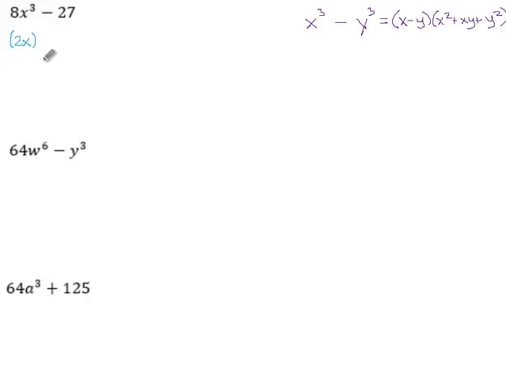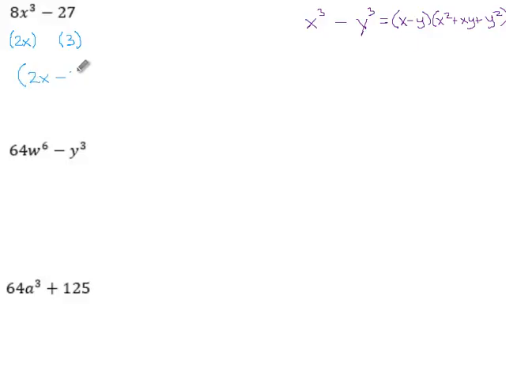Right? 2x times 2x times 2x would make 8x to the third. And for our second term, 3 times 3 times 3 would make 27. So when the expression says x and y are a and b, these are what they're talking about, the root of the first term and the root of the second term, if you will. And it says the factorization goes like this.